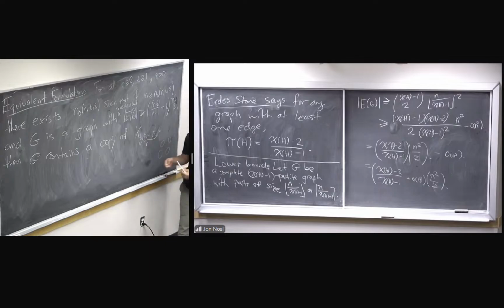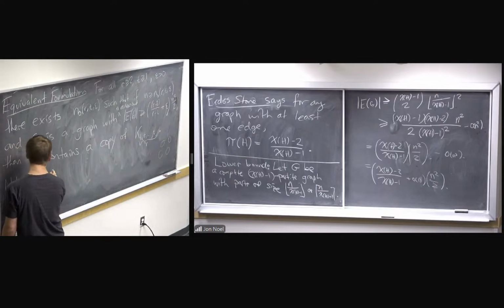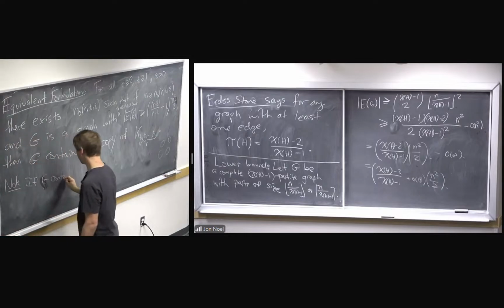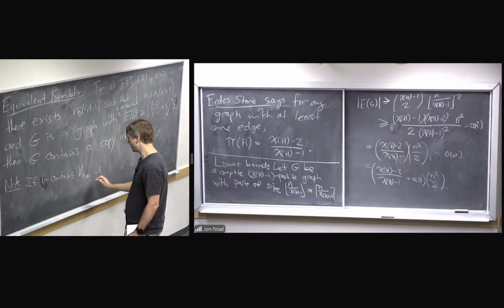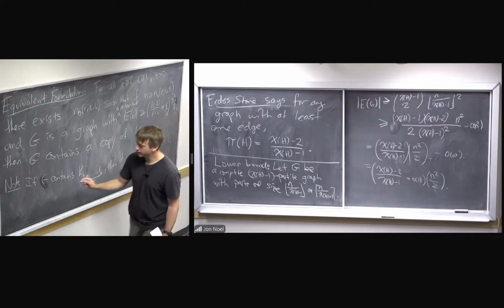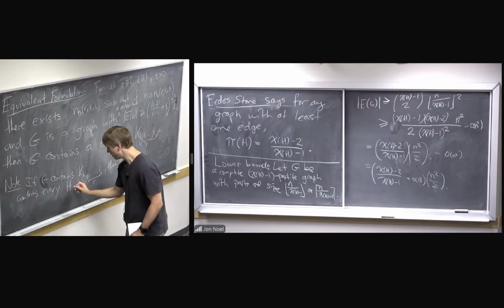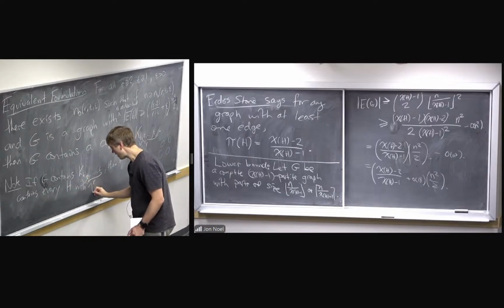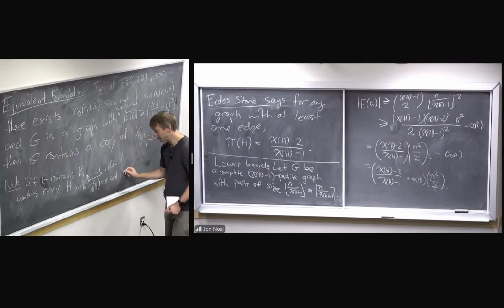So in particular, to be a bit sloppy about it, if G contains this K_{t,t,...,t}, r of them, then it contains every H with chromatic number equal to r and number of vertices at most t.